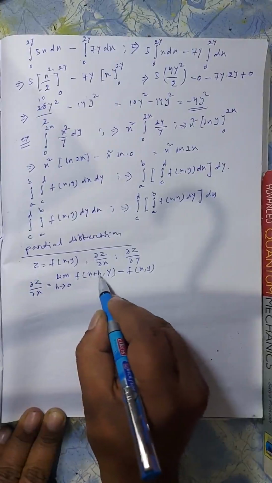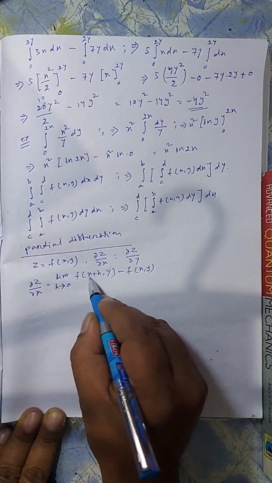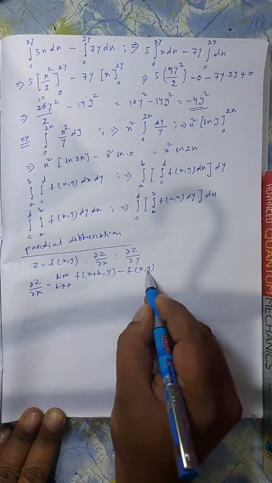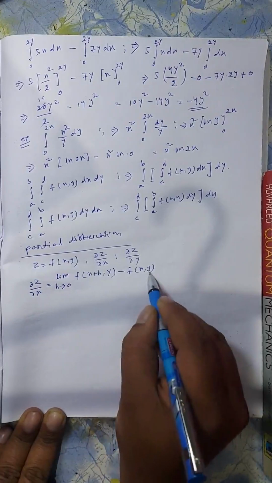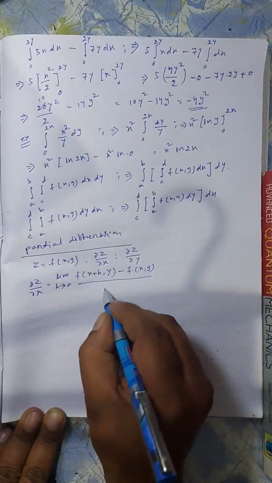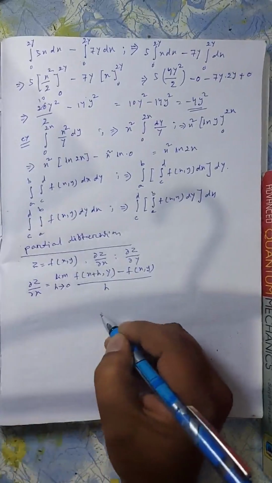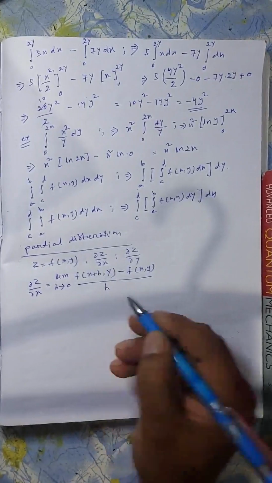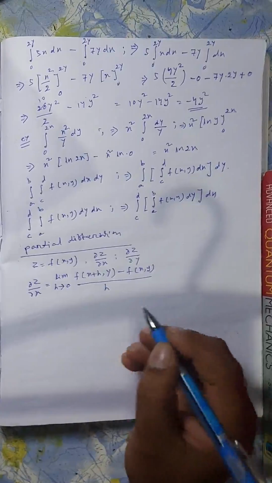Suppose it is 5.1, 5 plus h which is 0.1, so 5.1, y is kept constant, this is subtracted from here, that means 5.1 minus 5, 0.1, 0.1 divided by h. Whatever 0.1, then it will come around the same thing.